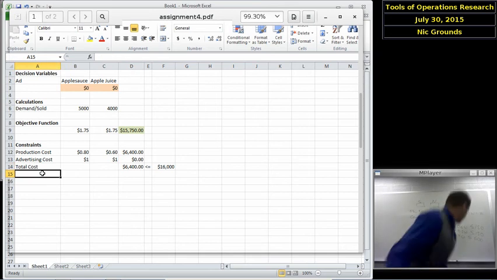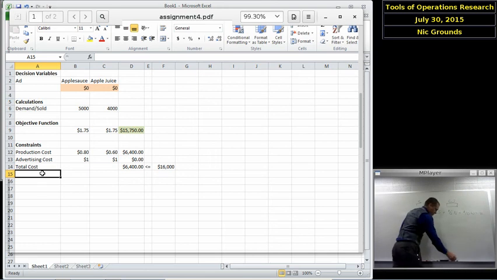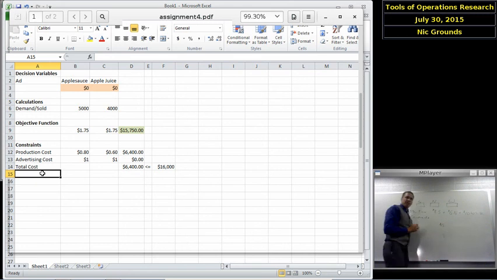I like to see the algebra, so I'm going to describe the algebra. If we had our applesauce count of how much we're going to sell, just call that AS, and we divide that by AS plus apple juice, we'll call it AJ, right? So that's the ratio of how much applesauce we make to how much applesauce and apple juice total we make.